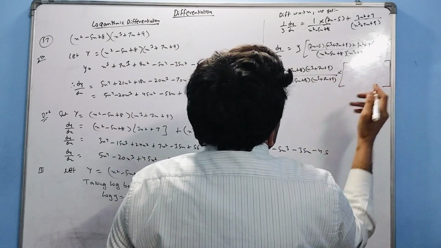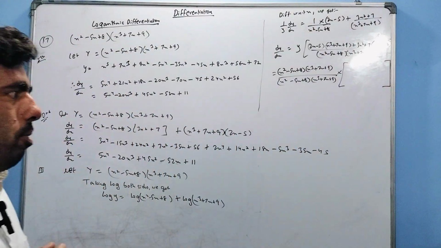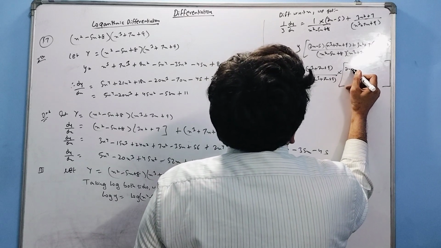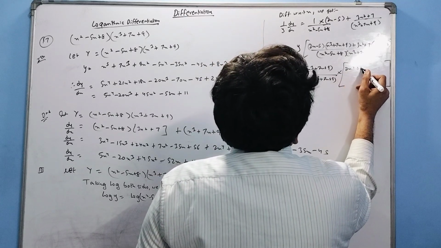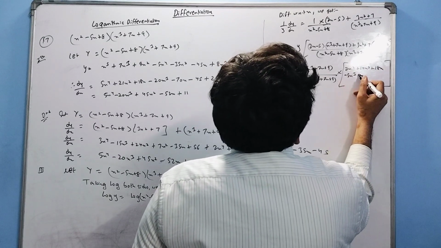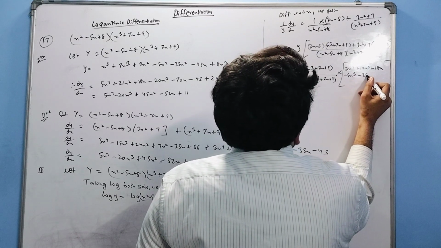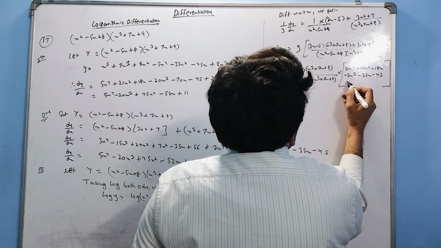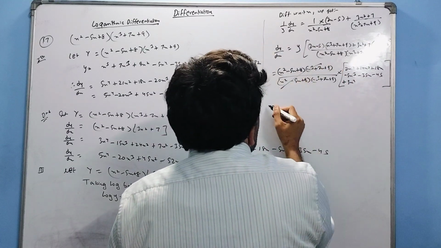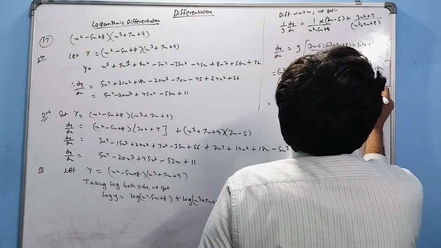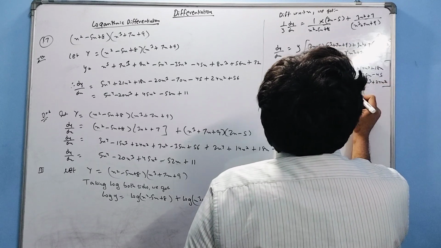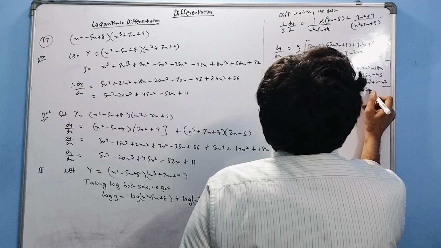So now, in a very simple way, multiply this, we get 2x^4 plus 14x square plus 18x minus 5x cube minus 35x minus 45 plus 3x^4, minus 15x cube plus 24x square plus 7x square minus 35x plus 56.